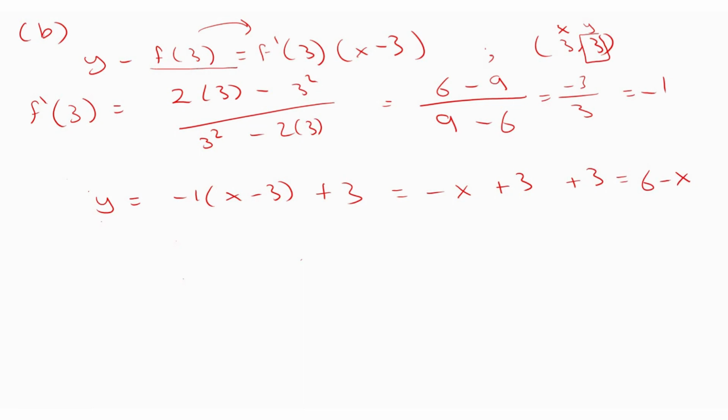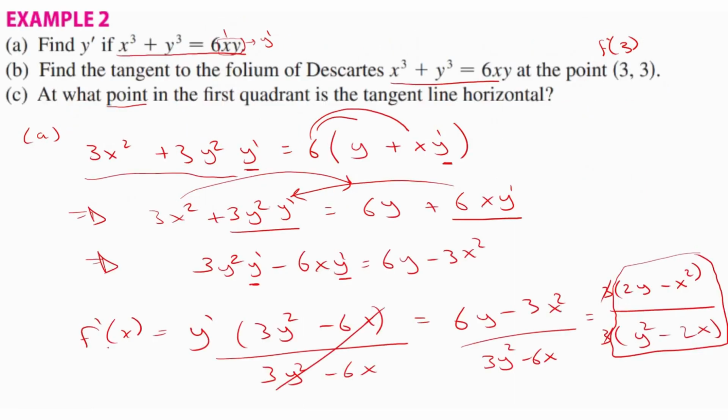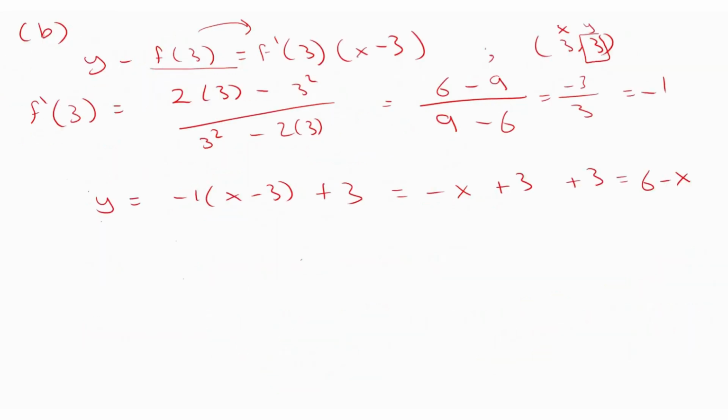Now for part C, we have to find a point in the first quadrant where the tangent line is horizontal. So we found here the tangent line equation, and if we want the tangent line to be horizontal, it means we should set y prime to be equal to 0.